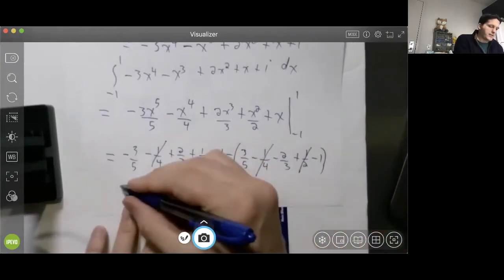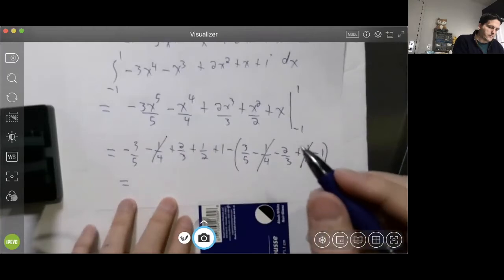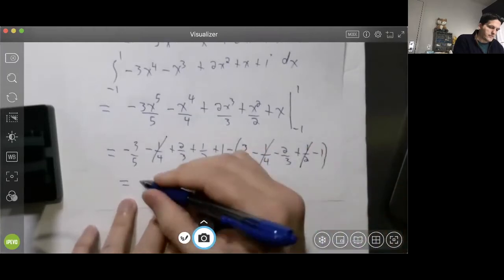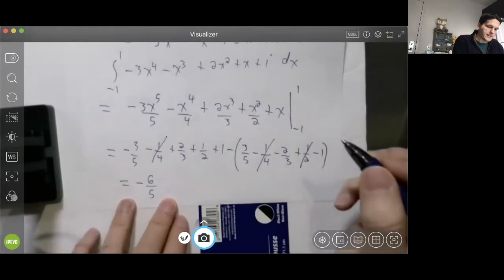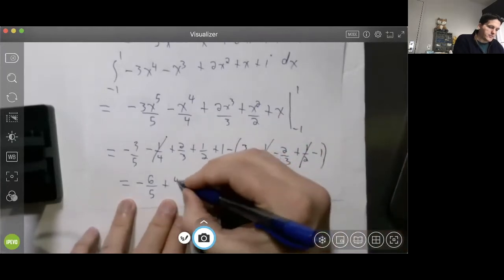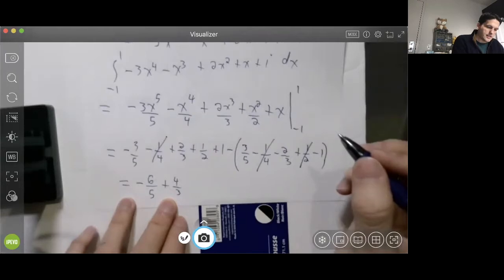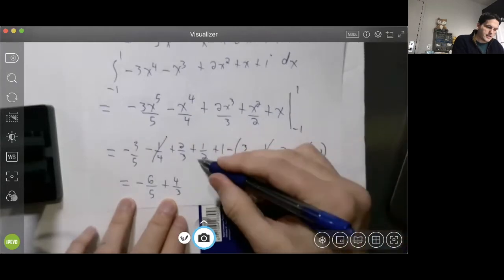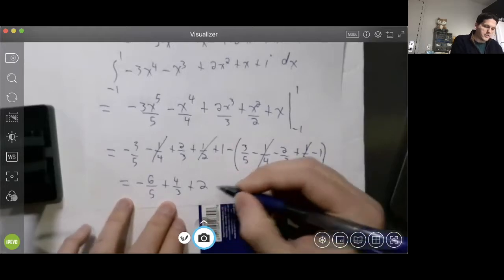And what we're going to be left with is -6/5 plus 4/3 plus 2.